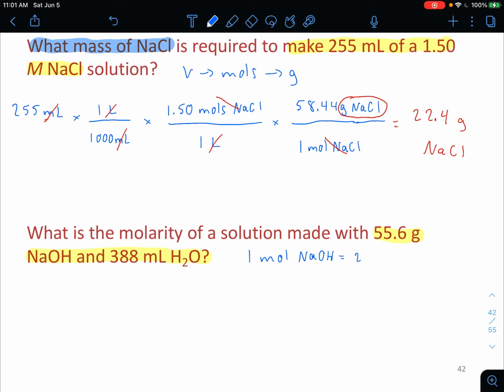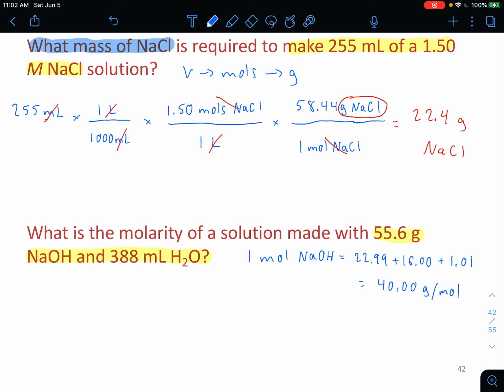So that should be 22.99 for sodium plus 16.00 for oxygen and 1.01 for the hydrogen. Looks like that should be 40 exactly, right? So 40.00 grams per mole.